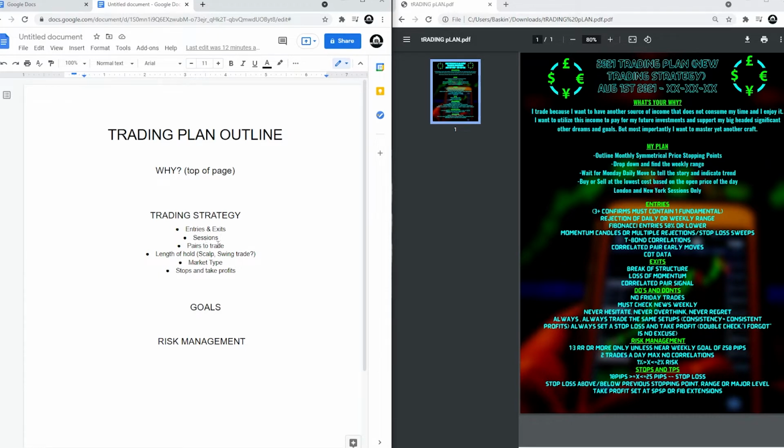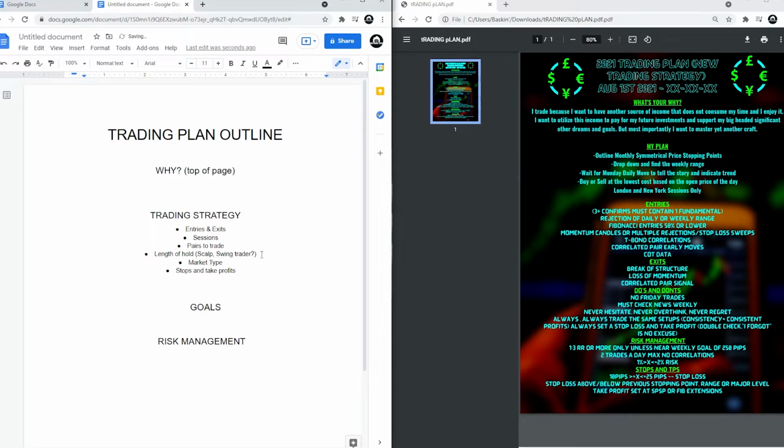Maybe you trade specific pairs, like you might only trade GU, which is British pound and the US dollar, or maybe you only trade UJ, which is US dollar and Japanese yen. You want to know how long you're going to hold a trade. If you're a scalper, you might only stay in a trade for maybe 5 minutes, 10 minutes, however long you want to stay in the trade. For me personally, I'm an intraday / swing trader, so it doesn't really matter for me.